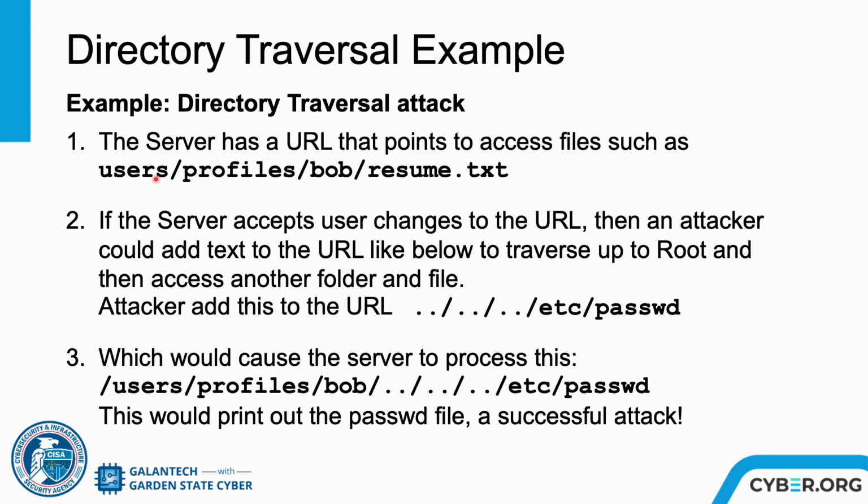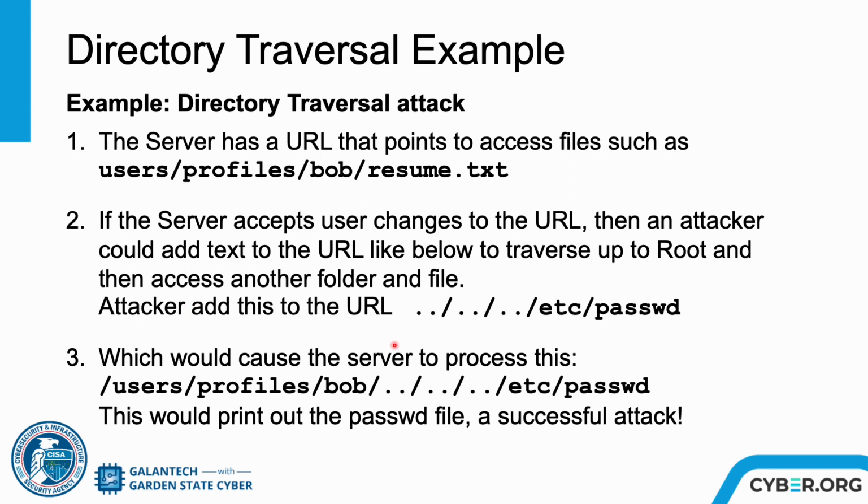So we're starting here. The server has a URL that points to access files like this right here. If the server accepts user changes to the URL, then the attacker could add text to the URL like below to traverse up to the root and then access another folder and file.